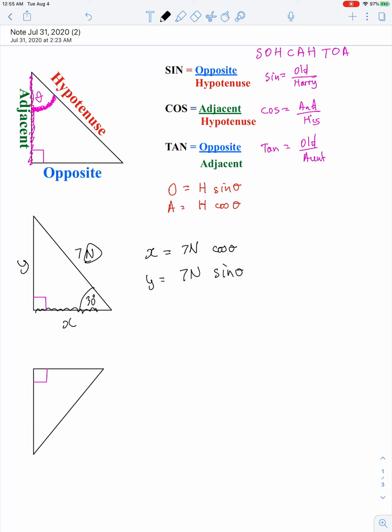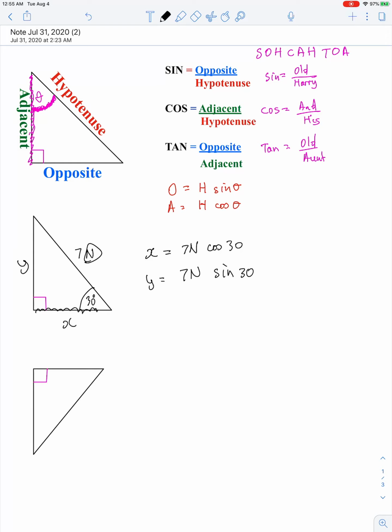Because if X is the adjacent, then Y has to be the opposite in this case. Nice and easy. Let me erase theta and put in cosine of 30, because theta is 30. Obviously, you'd use your calculator to punch these numbers in.